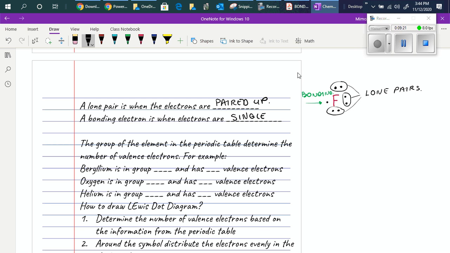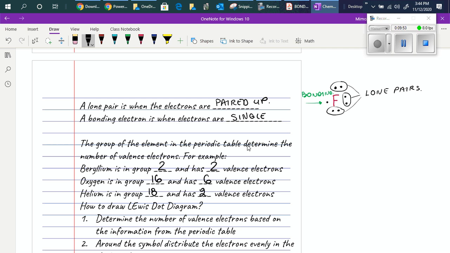So now, the group of the element in the periodic table determines the number of valence electrons. For example, beryllium, which is in group 2, has 2 valence electrons. Oxygen, which is in group 16, has 6 electrons. And helium, that is in group 18, has 2 valence electrons.